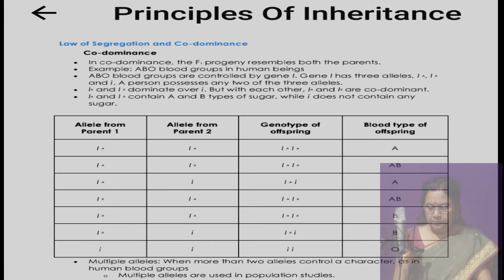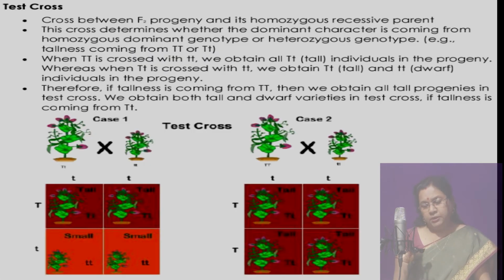Now Mendel showed the test cross to determine the genotype of the organisms. In the monohybrid cross, suppose a tall plant is crossed with a dwarf plant, the resultant progeny will be all tall plants.